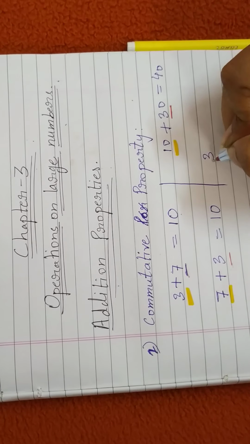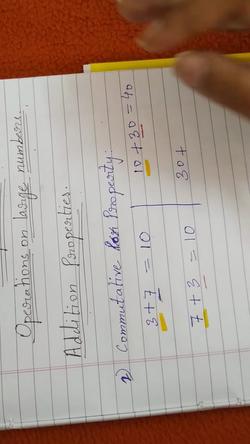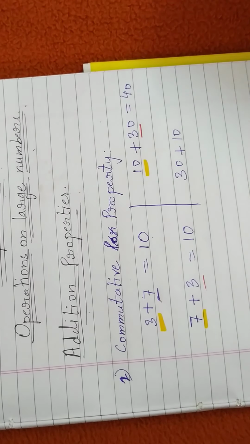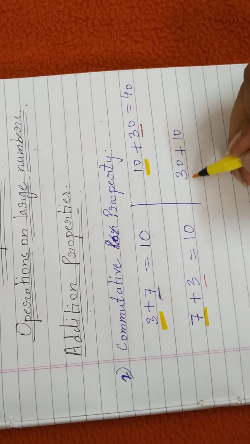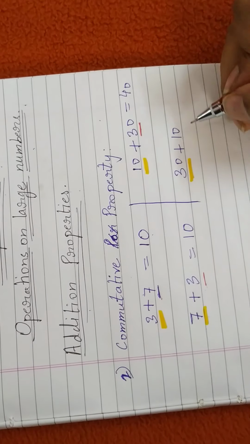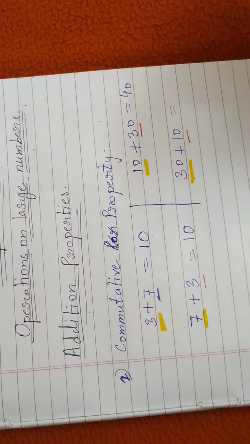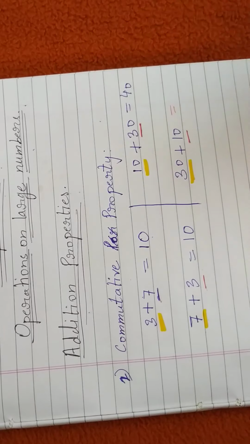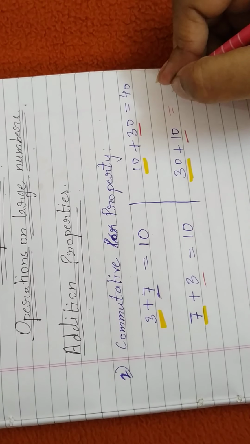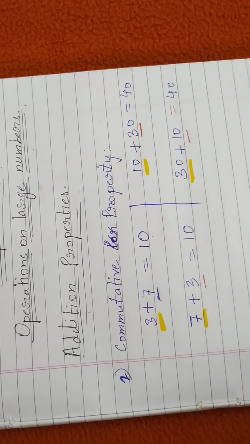Now that is 30 plus 10. So now what is the first addend? 30 is the first addend. What is the second addend? 10 is the second addend here. But the sum will be the same. That is 40. So, I believe now commutative property is clear to you all.